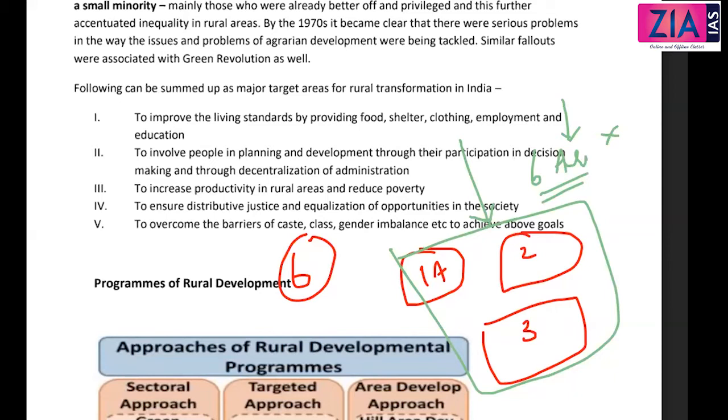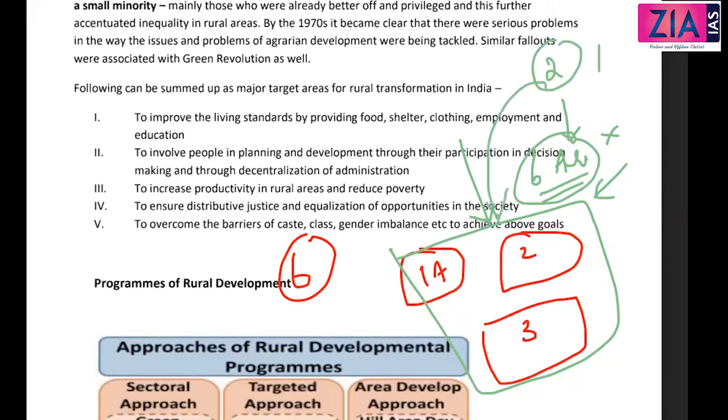So the main problem with respect to our agriculture setup is productivity. That is the most important issue that we faced at that point of time. Even though in terms of cultivation and production we are doing well, still in productivity level we are ranked very, very low. So to solve that problem, especially these two, consolidation of land holding was optional, but in two states it was made mandatory.